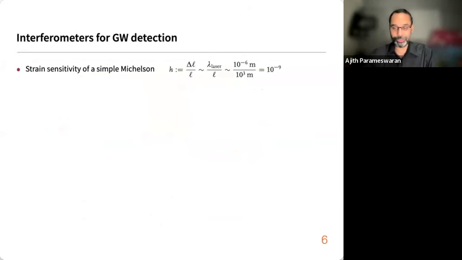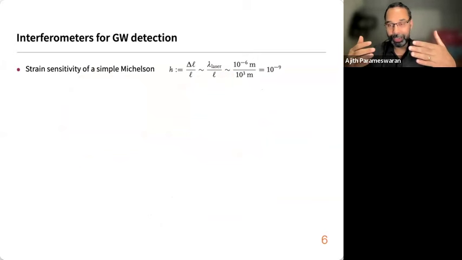If you remember your undergraduate interferometry, you would remember that the typical differential change in the arm length that you can measure using a simple Michelson interferometer is of order the wavelength of the light used.